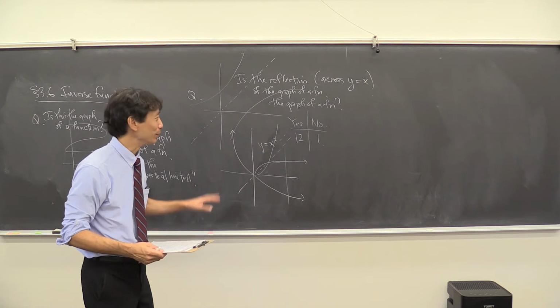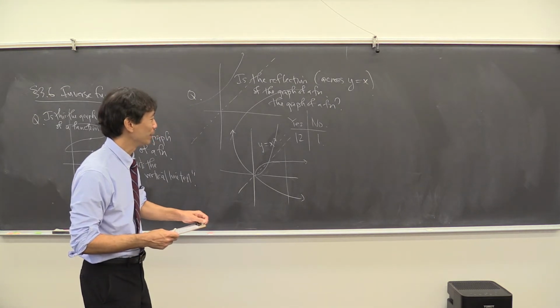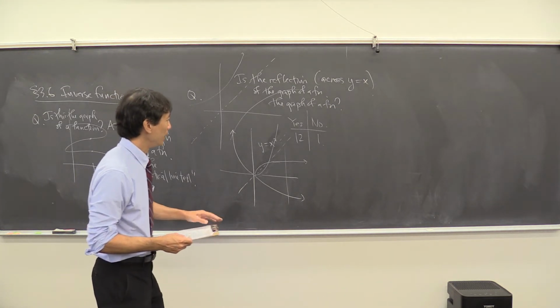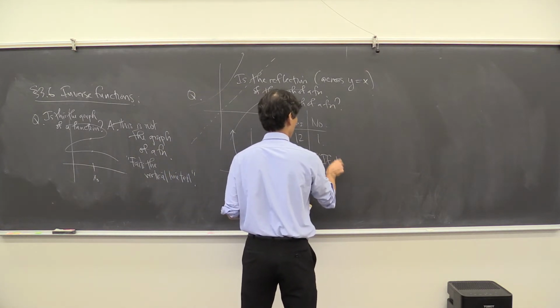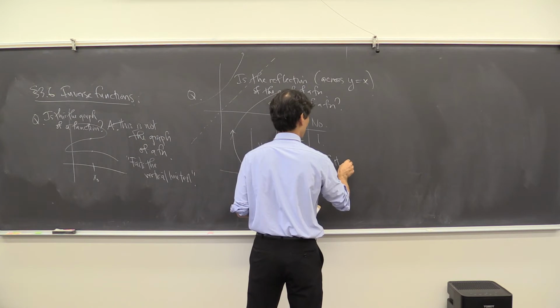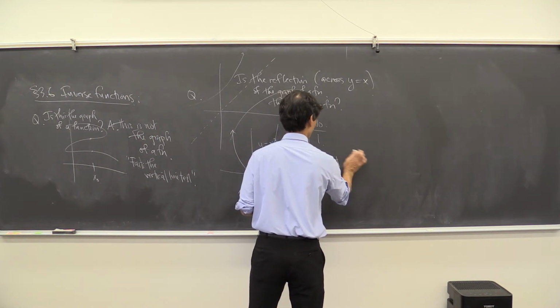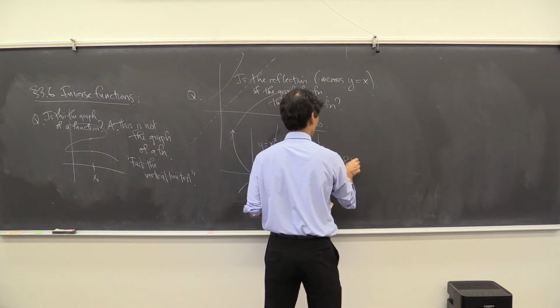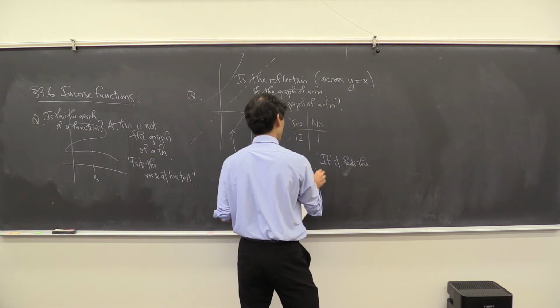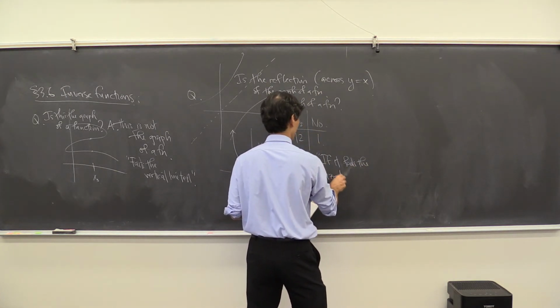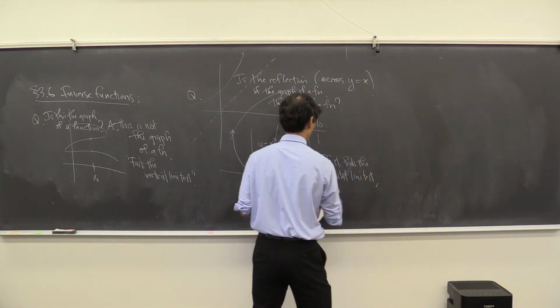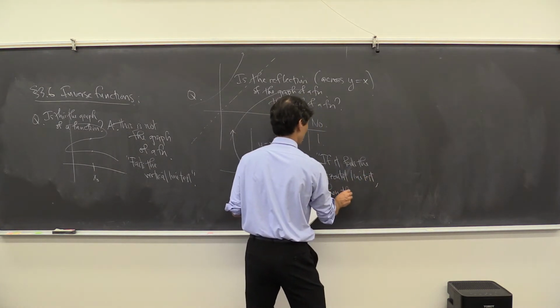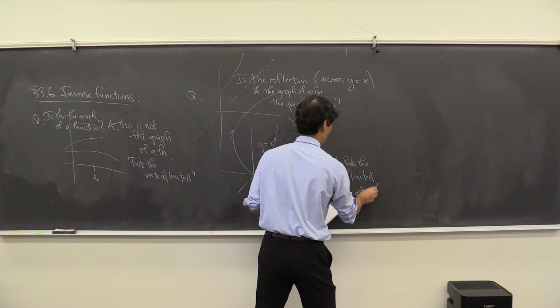Good. One person noticed that if it fails the horizontal line test, then the reflection is not a function.